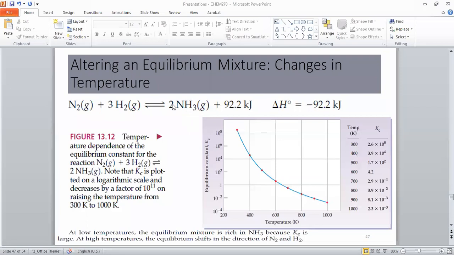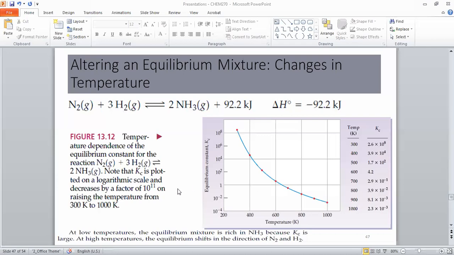That means the concentration of the ammonia is going to decrease with respect to the temperature, because this is the product divided by the reactant. The ammonia concentration is decreasing, and the concentration of the nitrogen and hydrogen are increasing with the increase in the temperature. That's why the value of the Kc is decreasing.